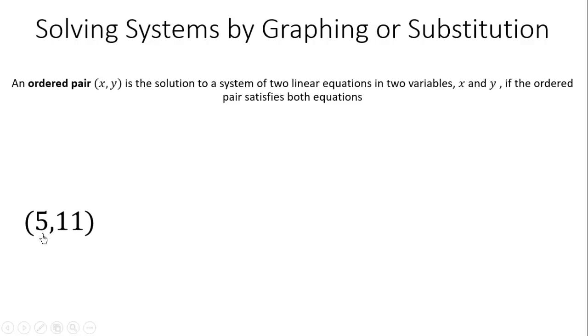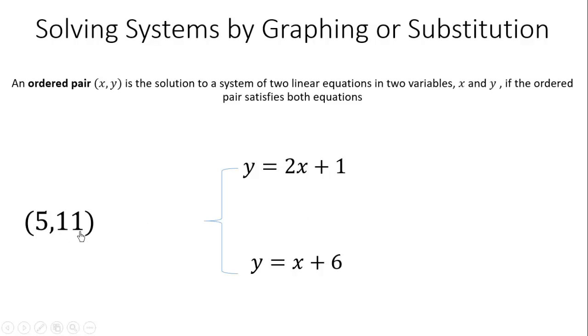For instance, (5, 11) is an ordered pair where x equals 5 and y is equal to 11. This ordered pair is a solution to the system y is equal to 2x plus 1 and y is equal to x plus 6. Why?